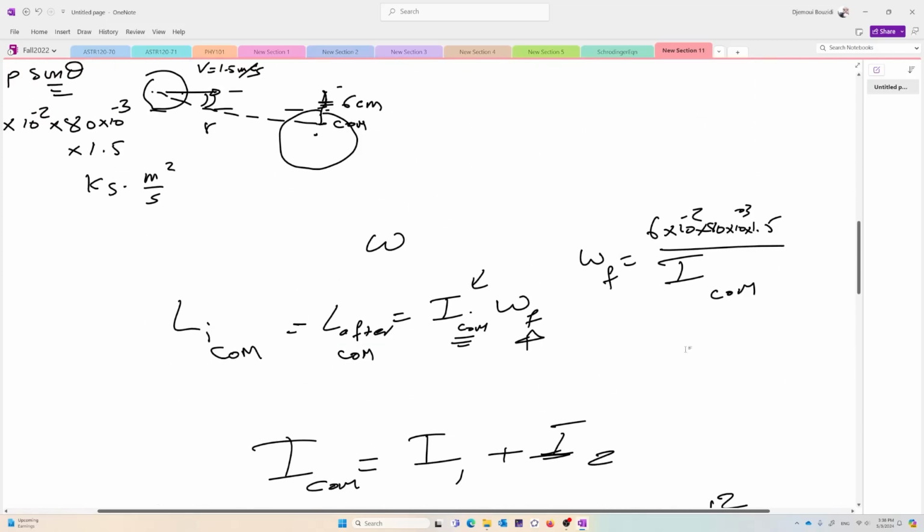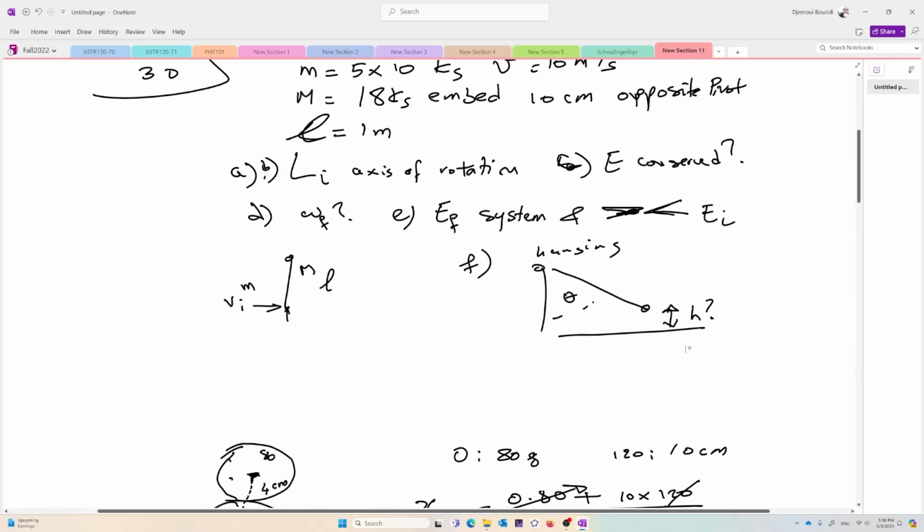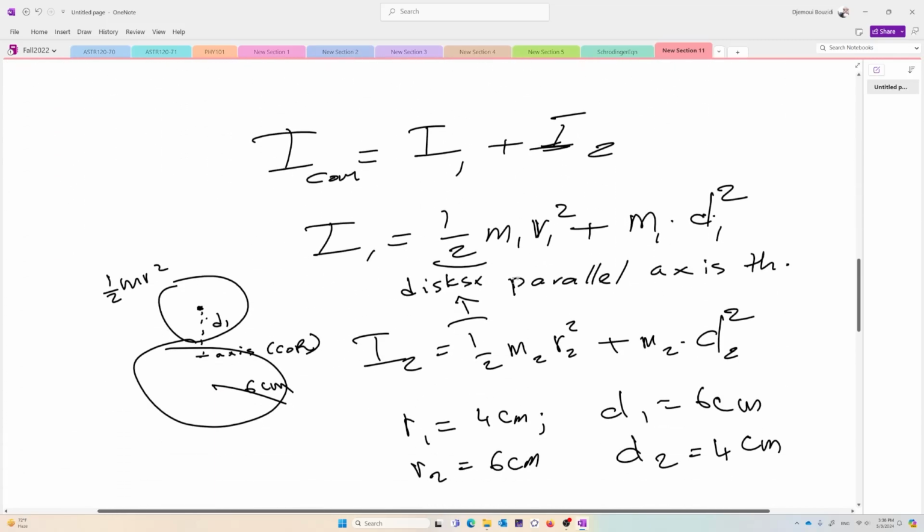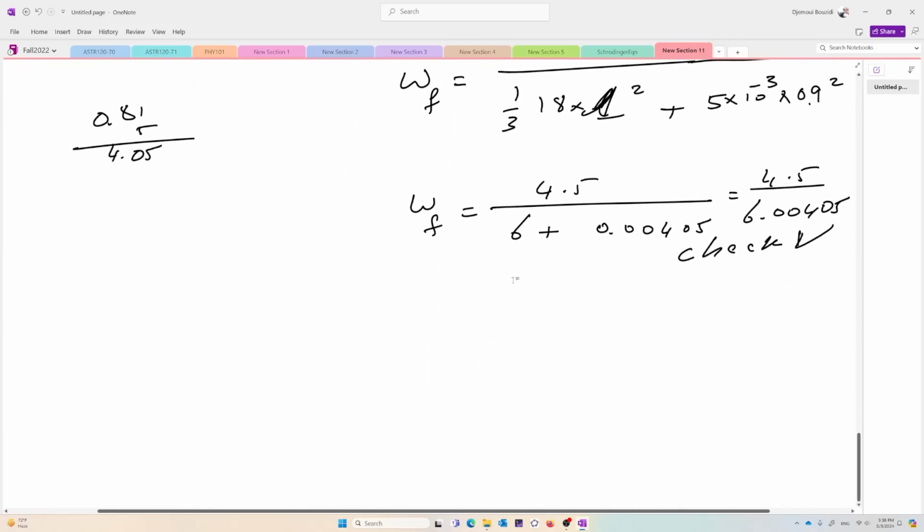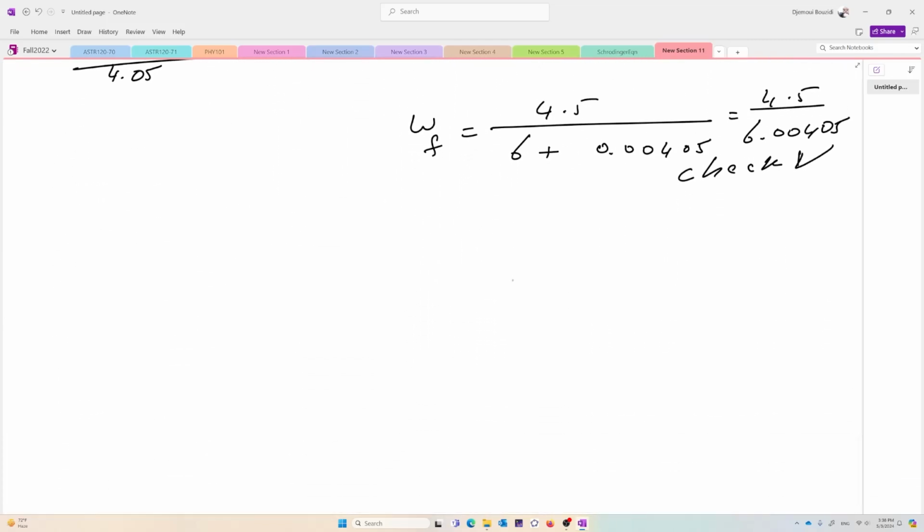Then, of course, there is another part to this question. Find the energy of the system after, and is it bigger or less? So let's find the energy after. The initial energy, obviously it's not going to be the same. E_i was equal to 1/2 the mass of the bullet times its velocity squared.